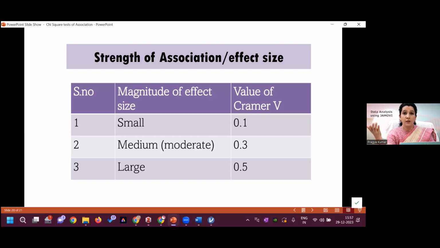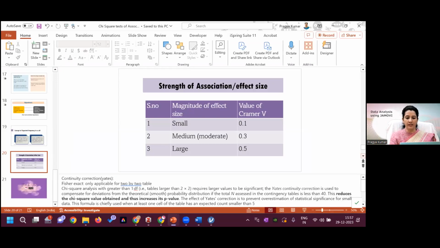You will also write whether it is a small, medium or large effect size. That value will convey to the reader its clinical significance. But it is commented on only when there is statistical significance. This is the second step. If statistical significance is not achieved, then we don't comment on the effect size, especially in chi-square.